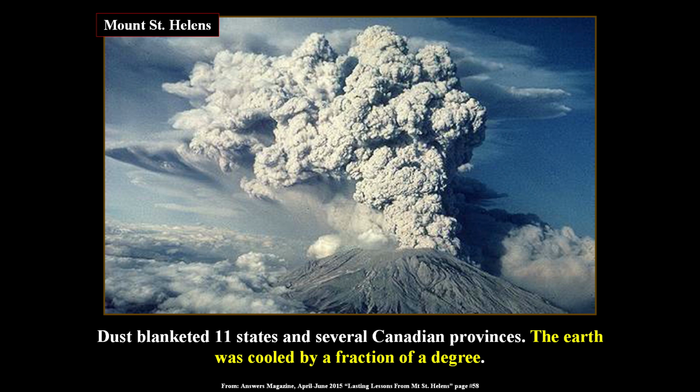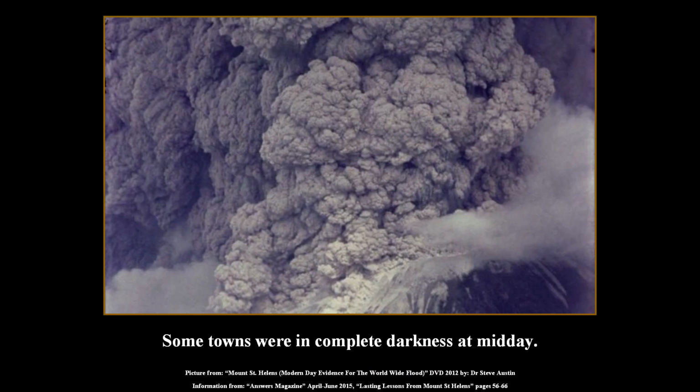It really is amazing, because when you look at just Mount St. Helens alone, it cooled the earth a fraction of a degree. That's incredible evidence, and it shows just what one volcano can do. Going on here, it says some towns were in complete darkness at midday.